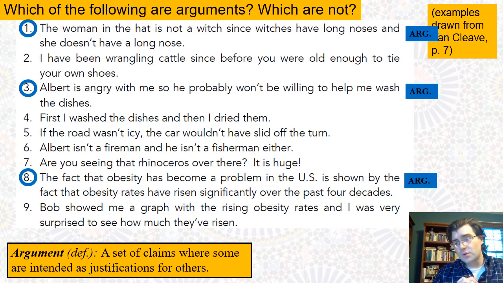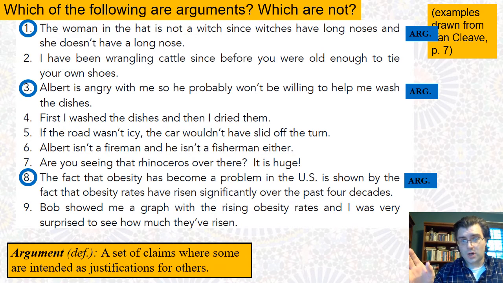Okay, so here's the correct answer. There are really just three arguments in this set. None of the other passages expresses an argument. I'm going to explain why that is for some of them in just a moment. The first passage is pretty clearly expressing an argument.